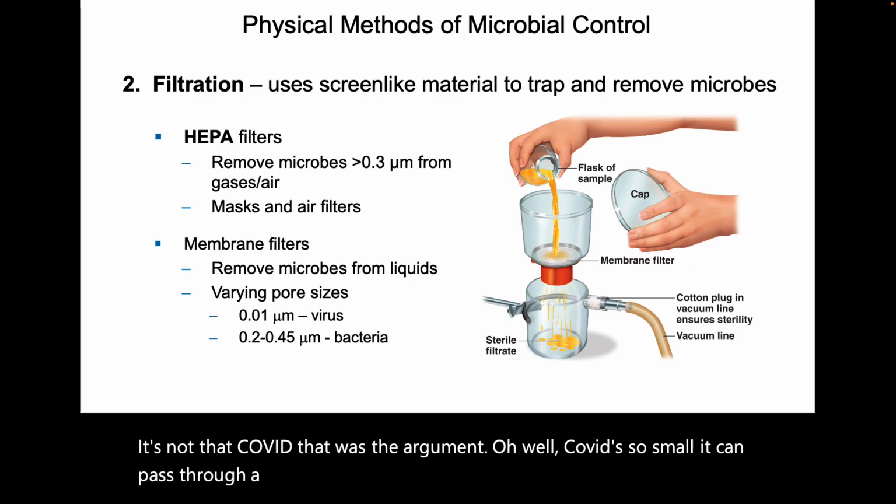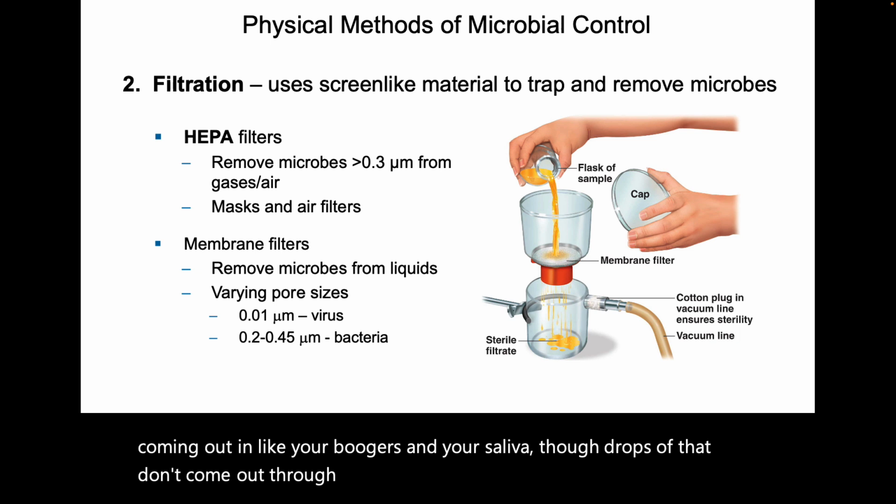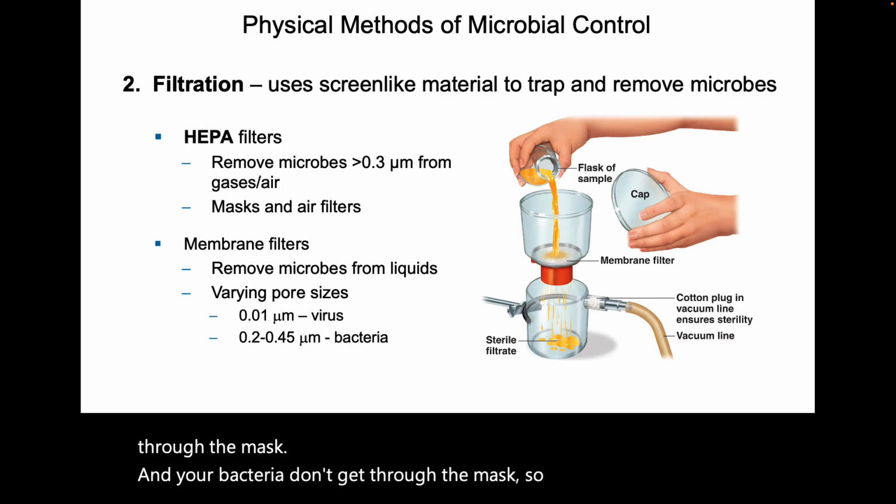And I'm like, well, yeah, technically, but COVID's coming out in your boogers and your saliva. The drops of that don't come out through the mask. So the viral particles are trapped within these droplets that don't get through the mask. And your bacteria don't get through the mask. So the masks are actually really effective at stopping those things.